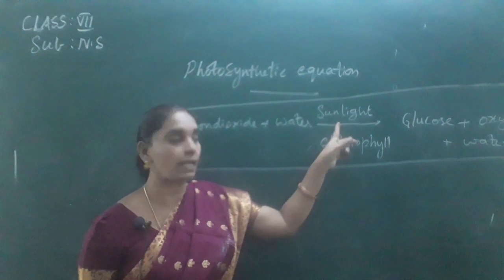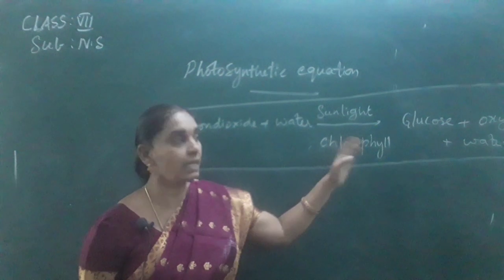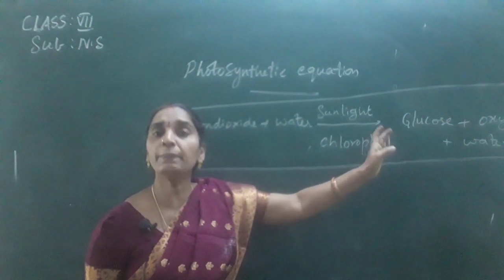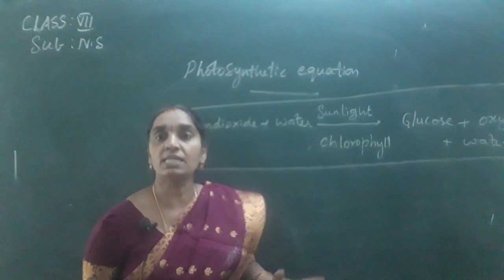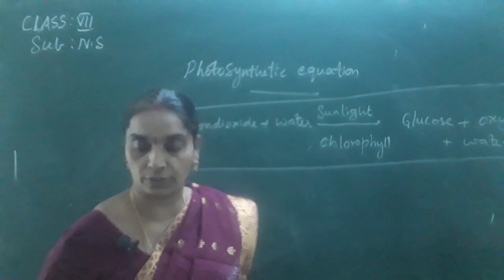In the presence of sunlight and chlorophyll, plants prepare their own food, that is glucose, the simple sugars, which are converted to starch. How this takes place, that's what you are going to learn in this topic today.